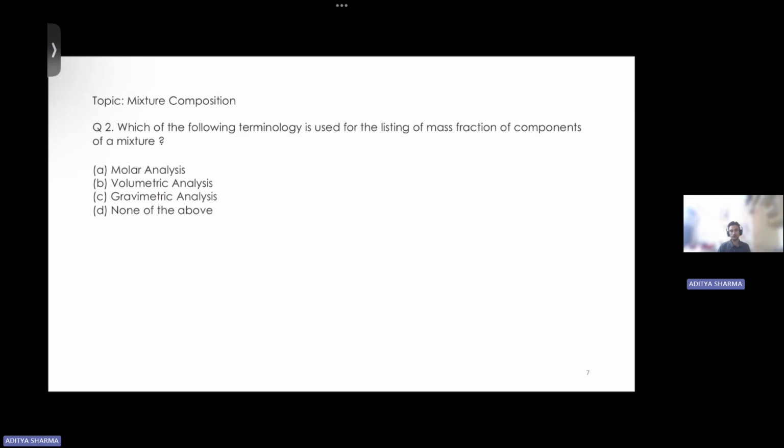Then your third is gravimetric analysis. So this is your correct option. When we list different mass fractions of the components of a mixture, to such analysis we give the name gravimetric analysis.